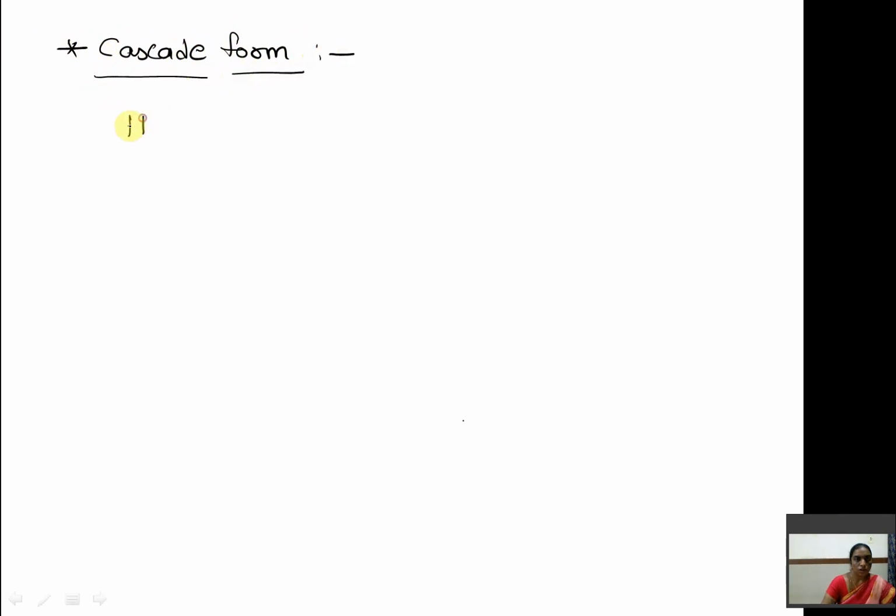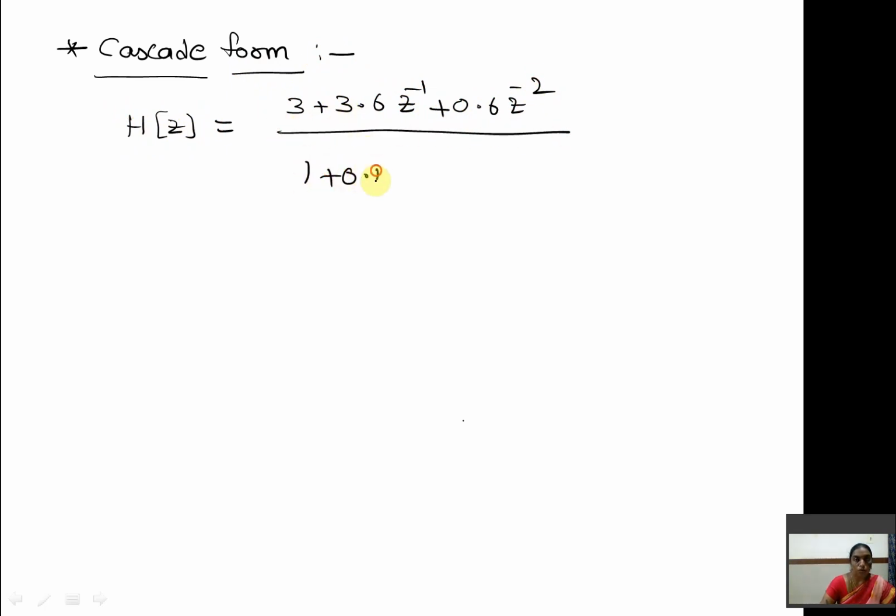Okay, here firstly take h of z, so that is 3 plus 3.6 z inverse plus 0.6 z power minus 2 divided by 1 plus 0.1 z inverse minus 0.2 z power minus 2. Cascade form means we should convert this one into the form like product of individual transfer functions, right?